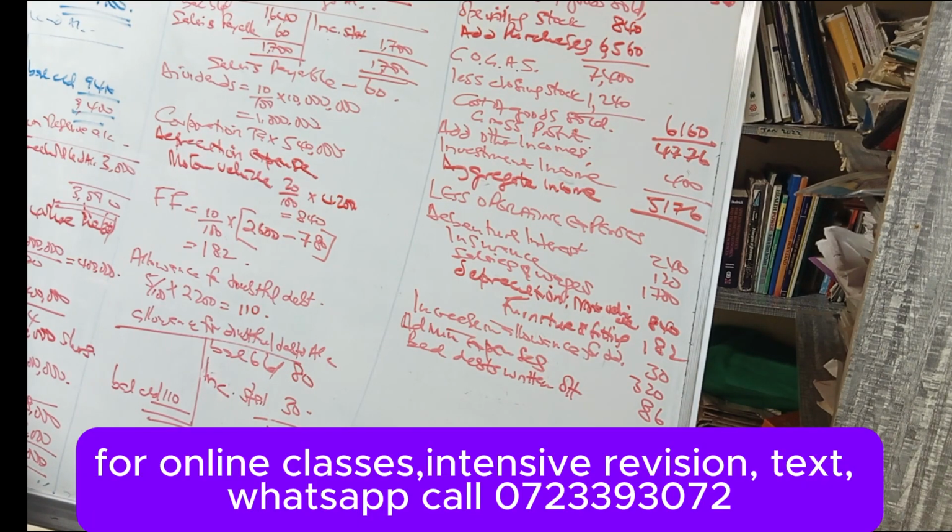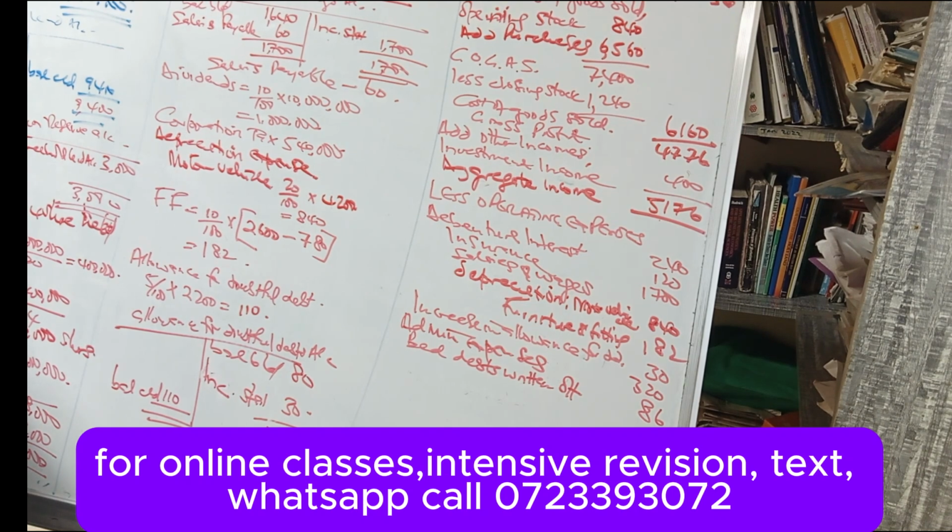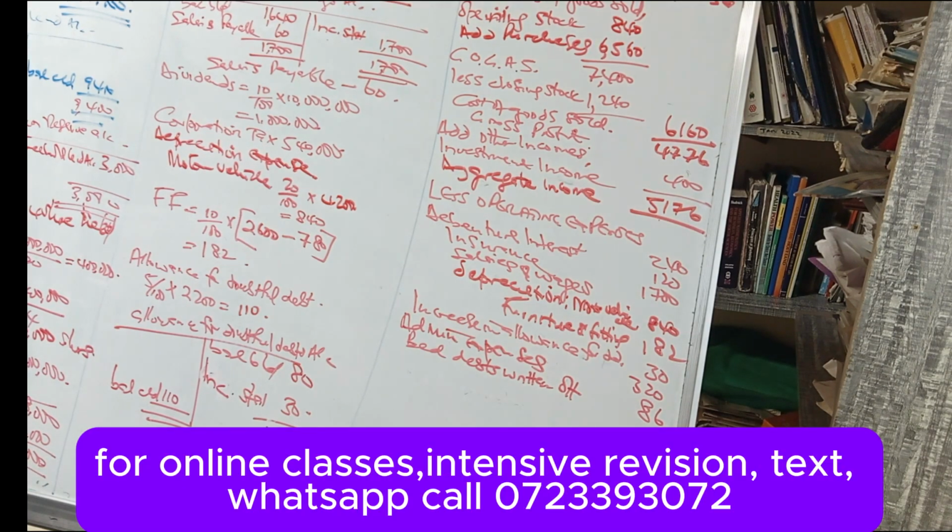We have captured salaries and wages, directors' emoluments, insurance, motor vehicle depreciation, furniture and fittings depreciation. I don't think we have another expense. So we try to add those expenses.